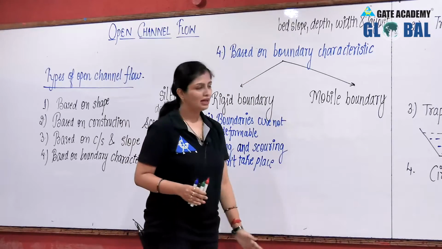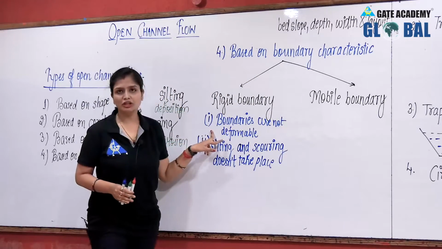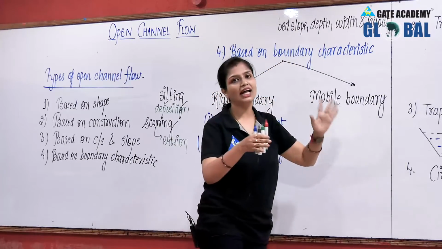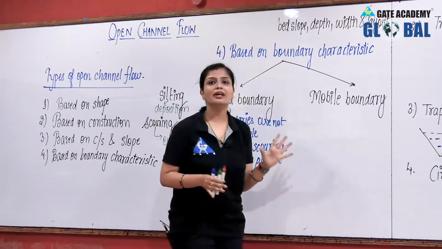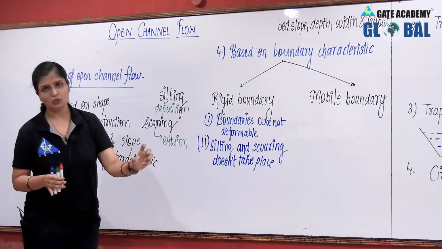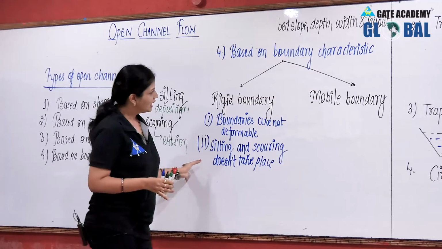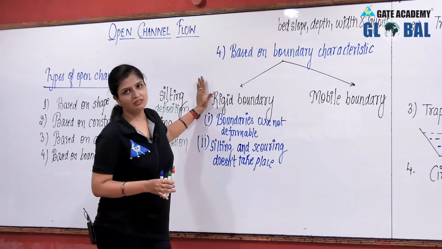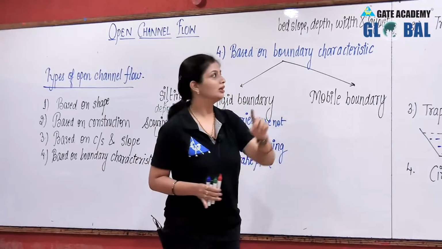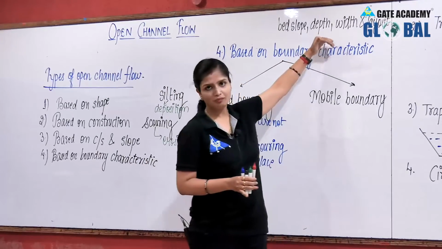You can say, ma'am, you have written boundaries are not deformable. That means the bed slope, the width and the layout, the geometry, will remain constant. What will vary is the depth of flow. So I can say that when rigid boundary open channel flow is considered, it has only 1 degree of freedom, that is the depth of flow.